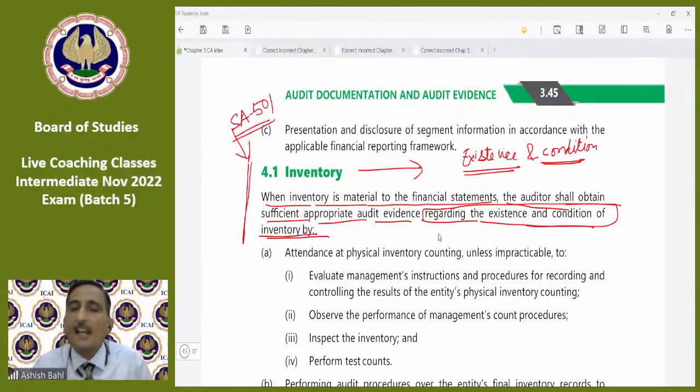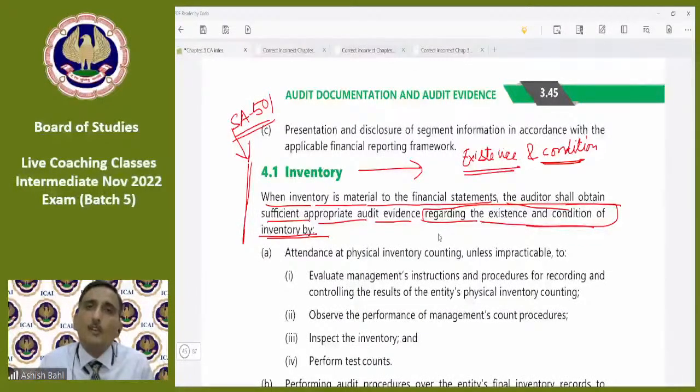So guys, you understand first of all that SA 501, as far as inventories are concerned, deals with the auditor obtaining sufficient appropriate audit evidence relating to existence and condition of inventories. So how will he obtain audit evidence relating to existence and condition of inventories?